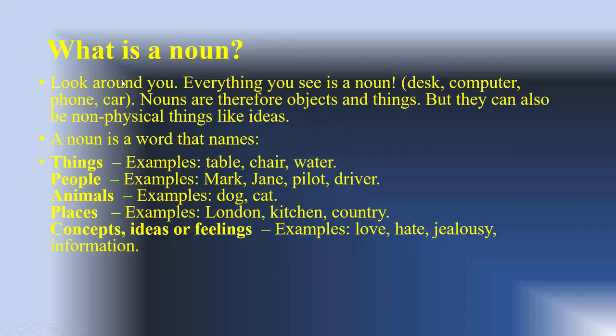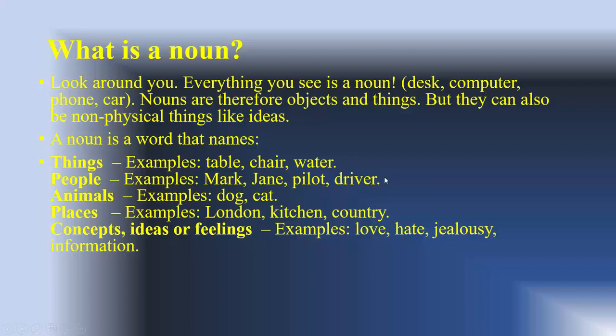Noun. What is a noun? Everything you see is a noun. Desk, computer, phone, car, man, boy, girl, and so on. Nouns are objects and things, but they can also be non-physical things like an idea. For example, things: chair, water, and table. People: Mark, John, pilot, driver.